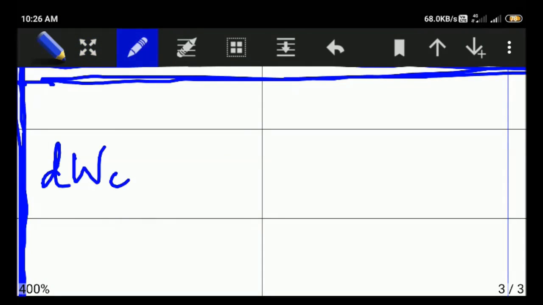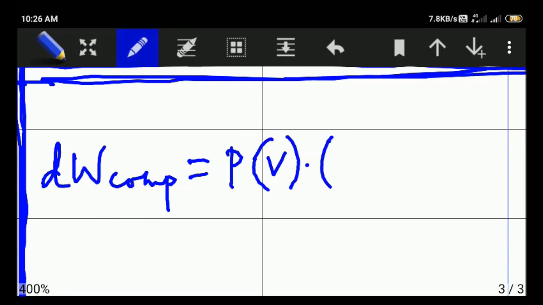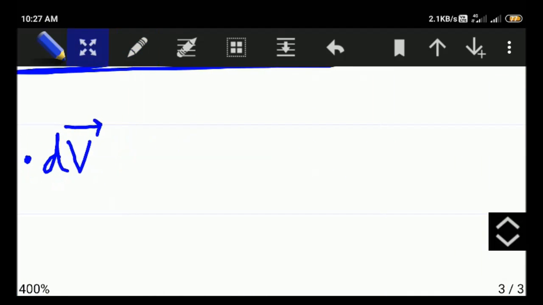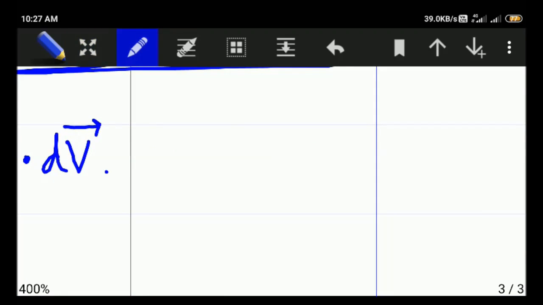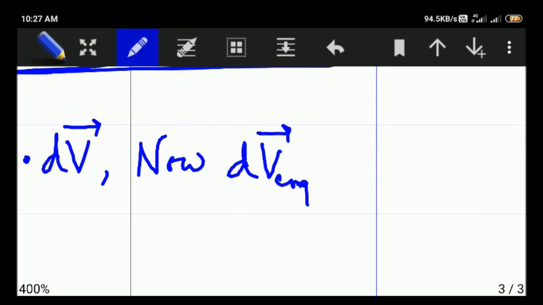Now for compression, what will be the incremental volume vector? We can write dV vector as A into dz vector.